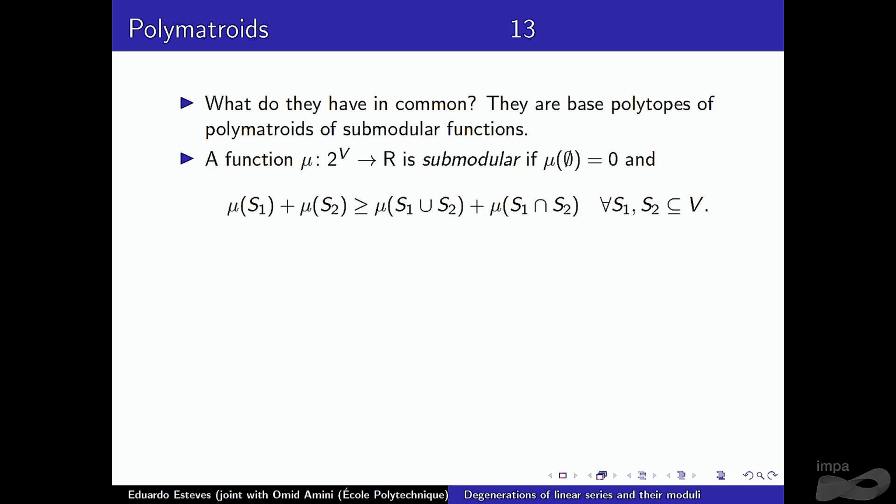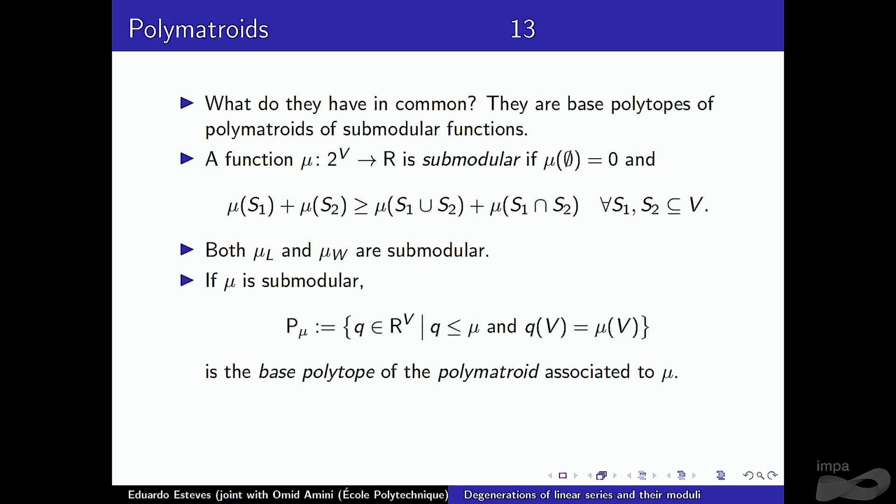Okay, so these functions are submodular, and there is a theory that describes polytopes associated to submodular functions. This is known as the base polytope of the polymatroid associated to mu. So a polymatroid is a polytope, and it's the polytope that is given by these inequalities here.